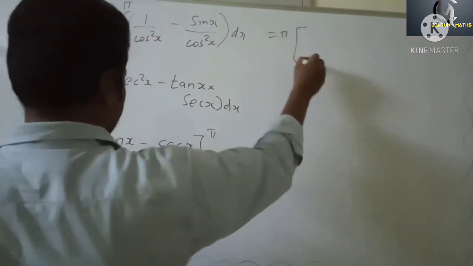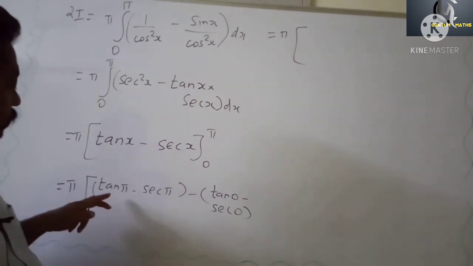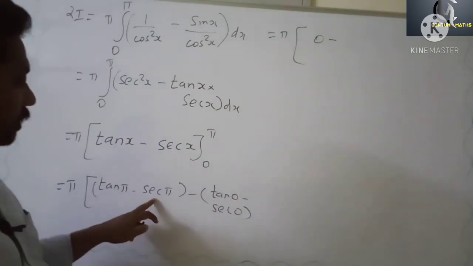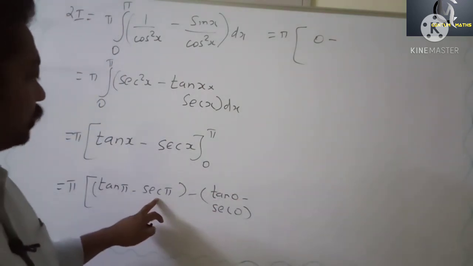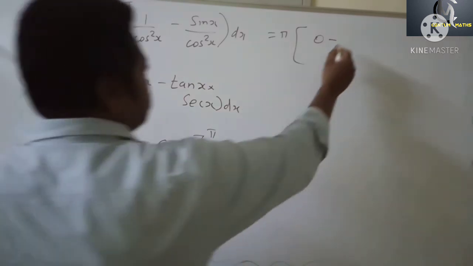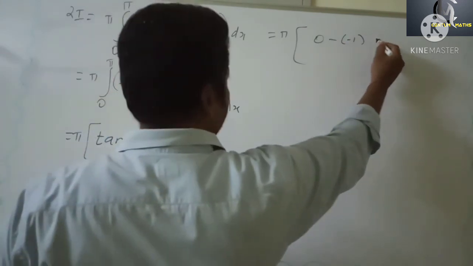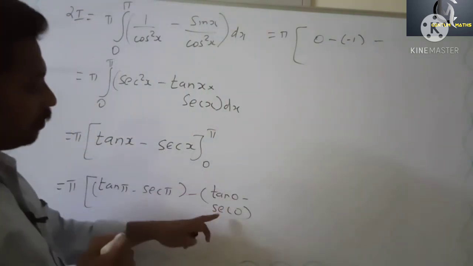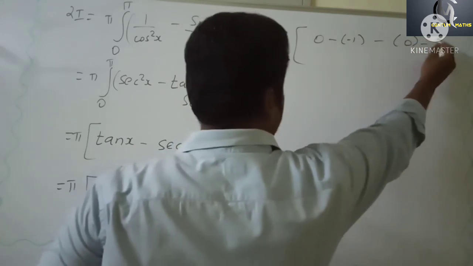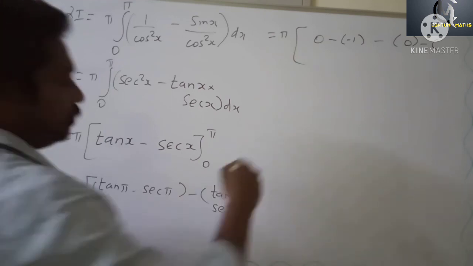Right? Pi into, what is tan pi? Sin pi by cos pi. What is sin pi? 0. So the first part becomes 0 minus secant pi. Secant pi is 1 by cos pi. Cos pi is minus 1. So minus of minus 1. Okay. Then minus tan 0 is 0, minus of secant 0 is 1 by cos 0, it is 1.